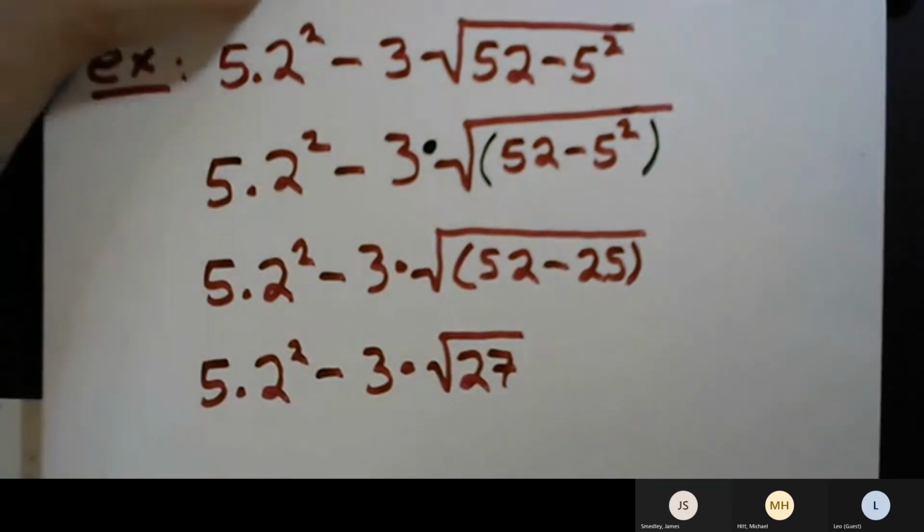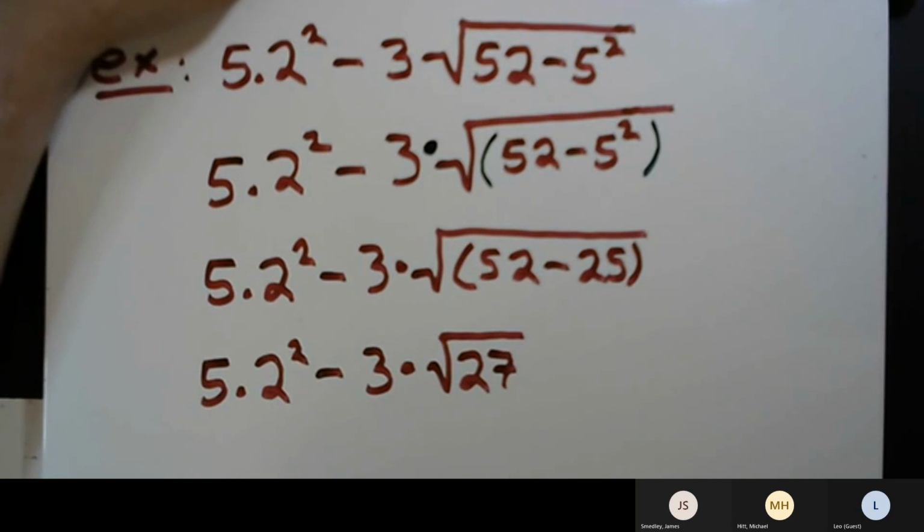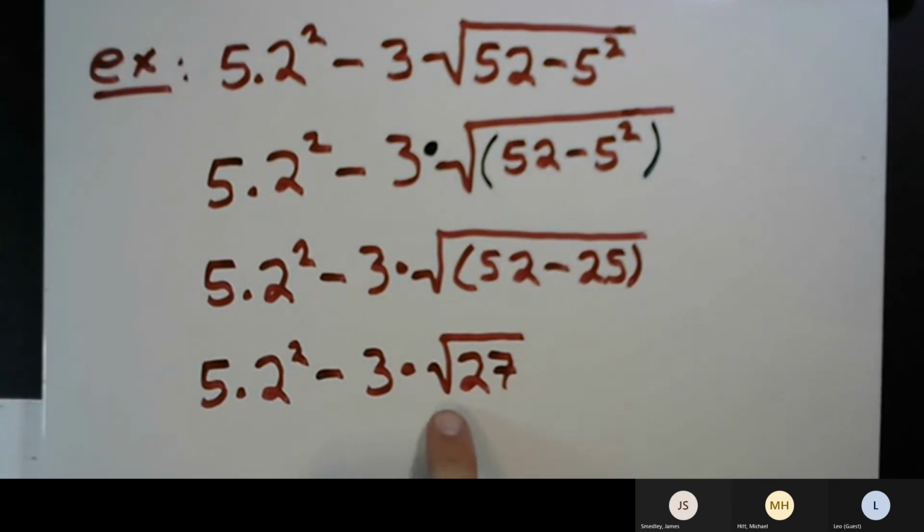Now let me check one thing, because there's an issue that's going to come up here. Let me just make sure that I'm on the same page with the author on this. So what I'm going to recommend is this: use as many decimal places here as your calculator allows.